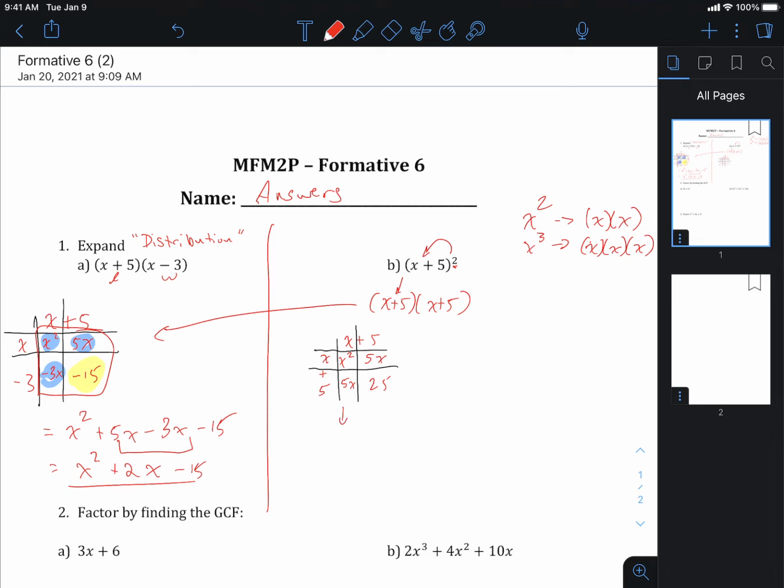So if I were to rewrite the inside, remember the area, I'm going to rewrite the blue section in one line. Okay, I'm going to get x squared plus 5x plus 5x plus 25. That's equal to x squared plus 10x plus 25.